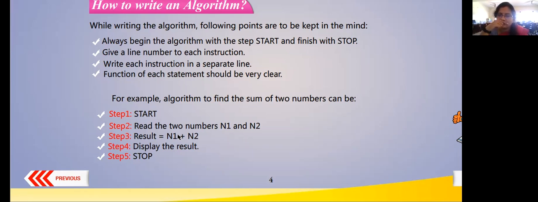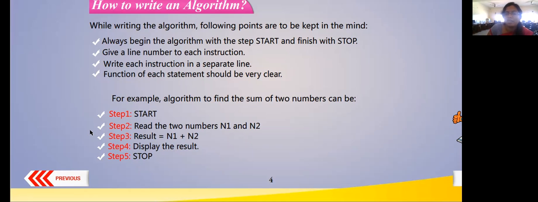The child did it in the mind, okay. Unless you tell the student to say the result, will he or she tell it? No, right? So you have to say, add this plus this and then answer it. That way, display the result and finally stop, right?